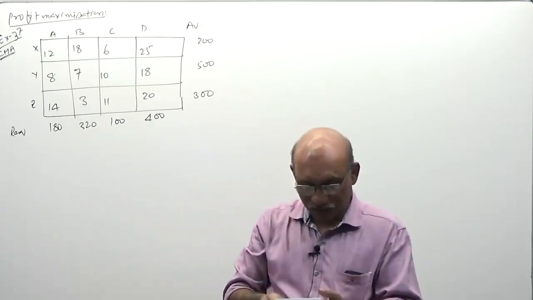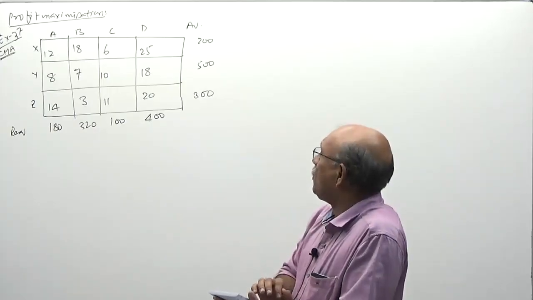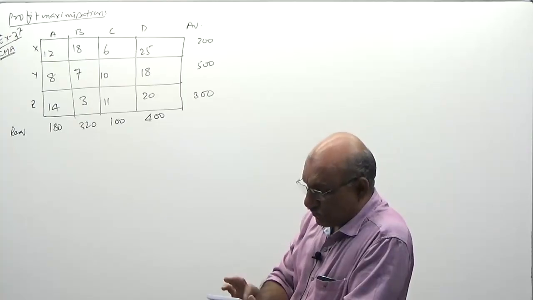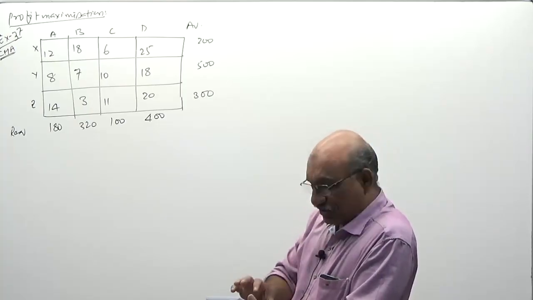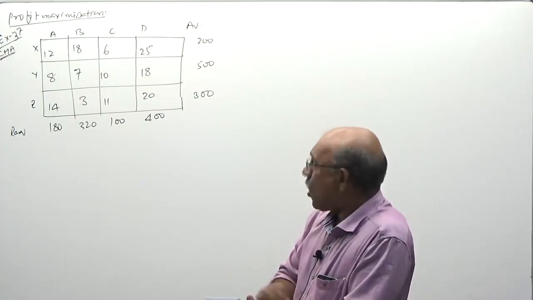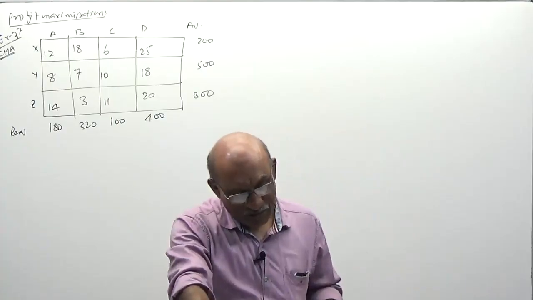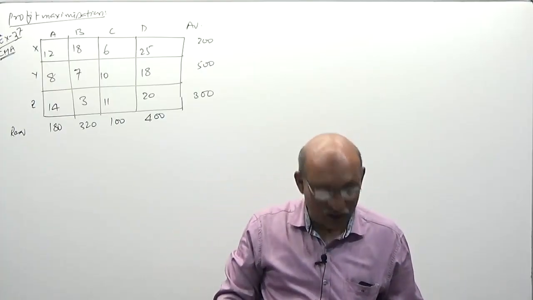Let's check, sir. Availability is 200 plus 500 plus 300, which is 1000. Requirement is 180 plus 320 plus 100 plus 400, which is 1000. It is a balanced transportation problem.